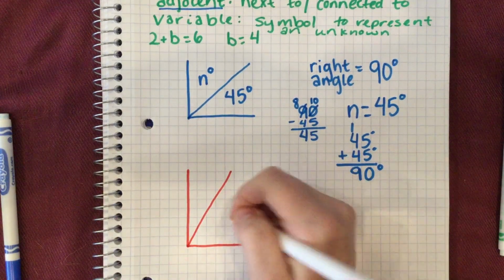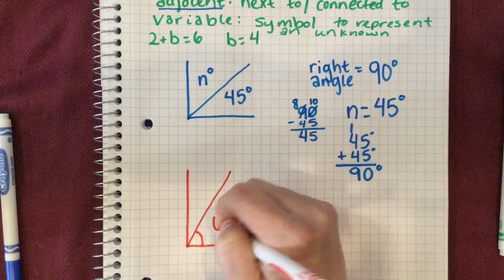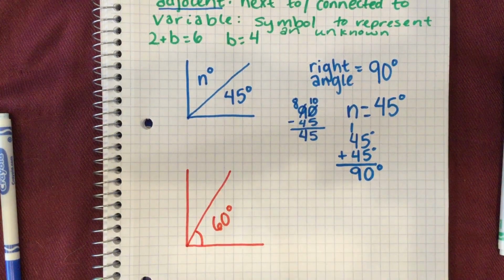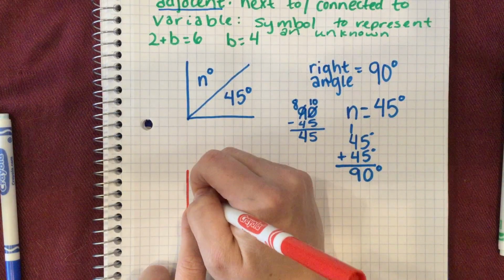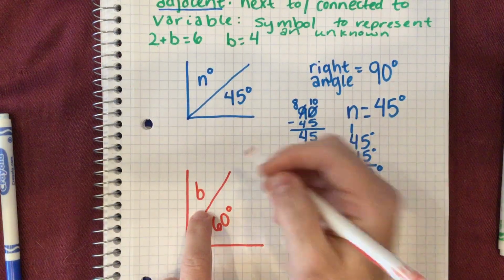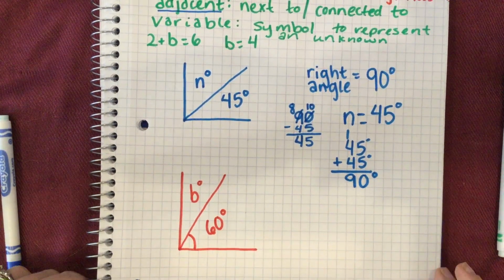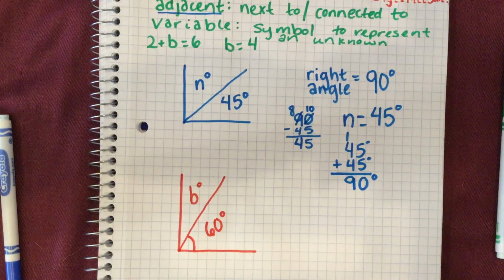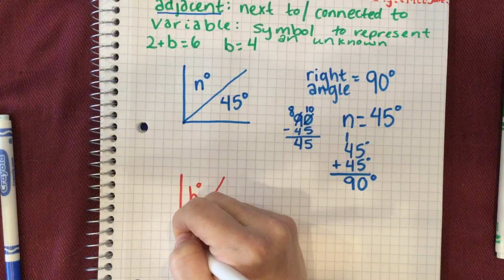What I'm going to say is this angle is 60 degrees. And this angle, we'll call it angle B. B angle is our unknown. We don't know how many degrees this is yet. I challenge you to pause this video and use the strategy I just taught to figure out how many degrees this angle is measured.